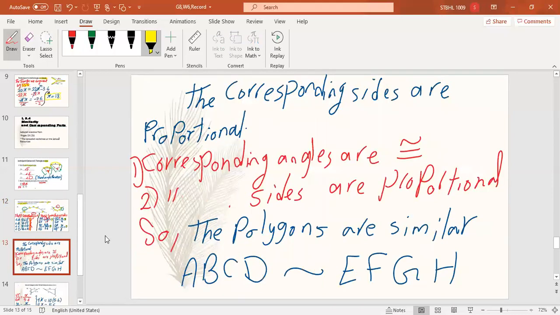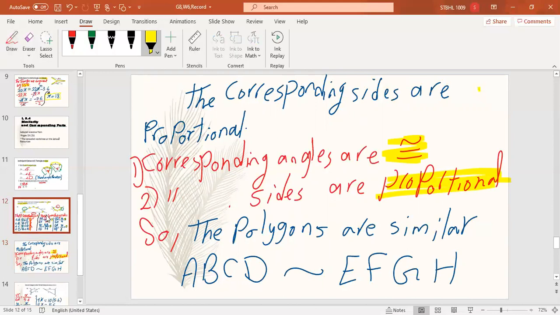Now we got the two conditions to prove that the two polygons are similar. The corresponding angles are congruent and the corresponding sides are proportional. So the polygons are similar.